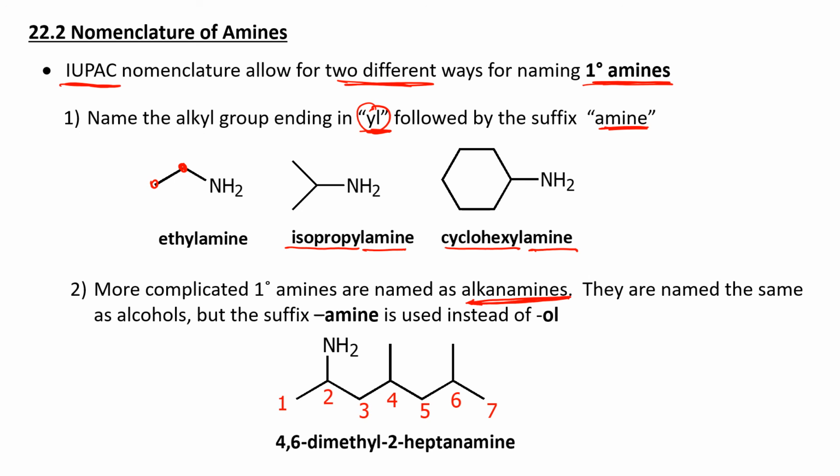These are named the same way as alcohols, but the suffix amine is used instead of ol. So we have 1, 2, 3, 4, 5, 6, 7 carbons in the chain. We've got a 4,6-dimethyl. And we have our amine from the second position.